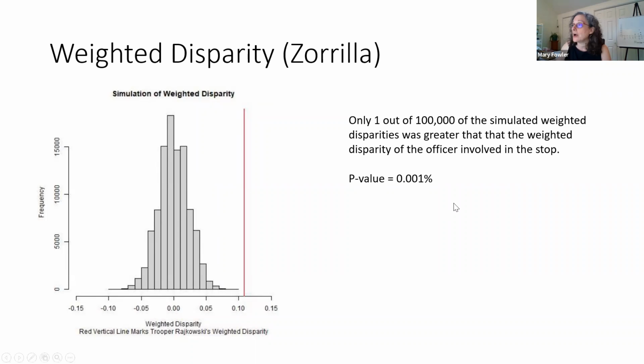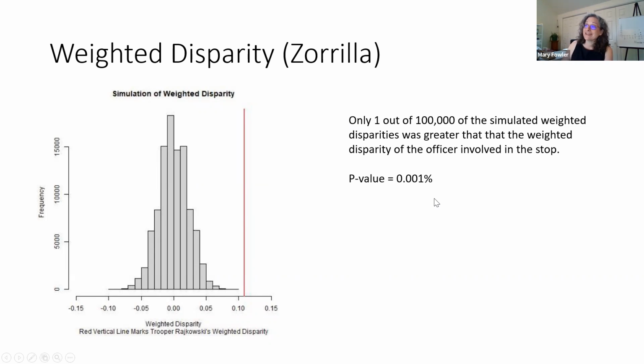So in this 100,000 simulation, only one out of the 100,000 simulated values was greater than the weighted disparity for the officer in the stop. And that yields a p-value of 0.001. So that's all the area to the right of the observed value.